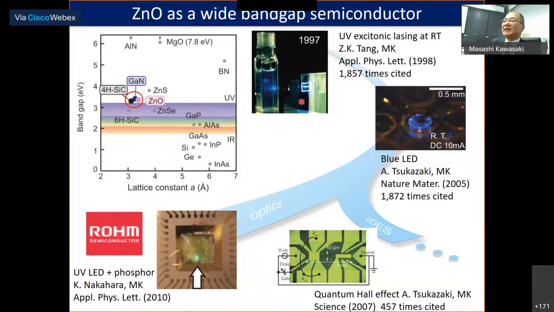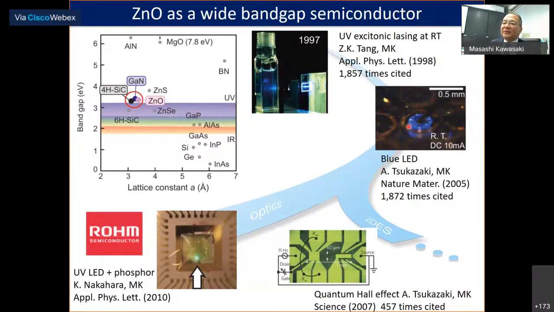And this triggered a lot of work worldwide. It took us 8 years or so to make a PN junction light-emitting diode. We were the first to make an all-oxide, zinc oxide PN junction which emits UV light.